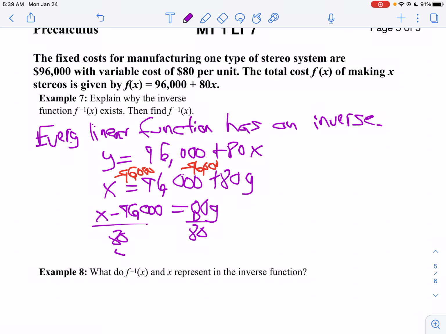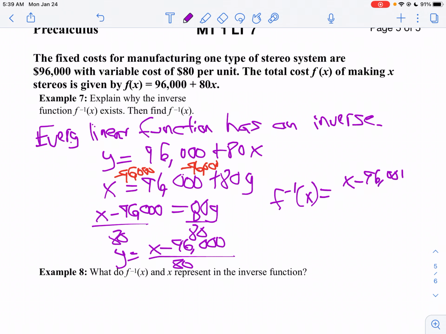So then I'll say y equals x minus 96,000 all over 80. So then I'll write in my inverse notation. So I'll say f inverse of x equals x minus 96,000 divided by 80.